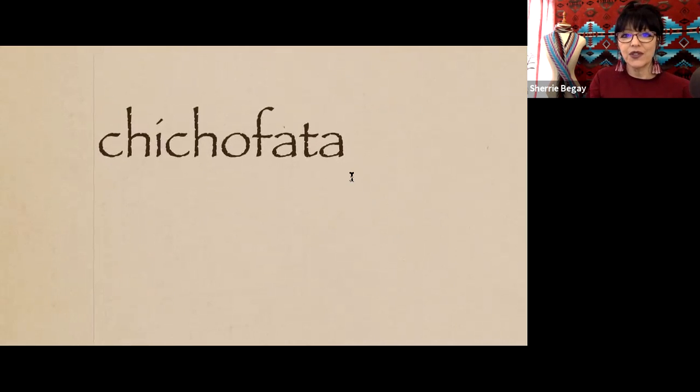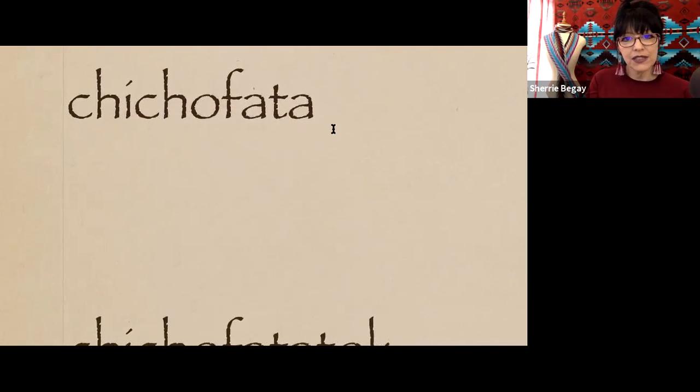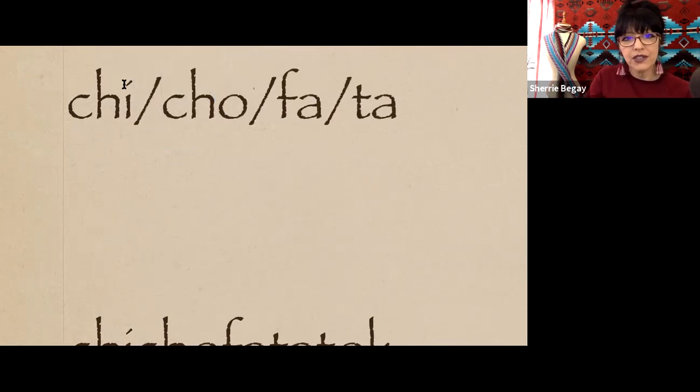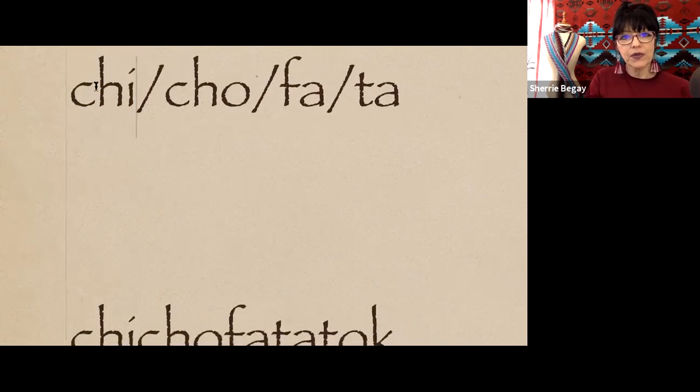Okay, so chi chofata is then going to be you are clean, which I guess means you cleaned yourself up. So we'll divide them up again, vowel consonant slash, vowel consonant slash, vowel consonant slash, and then this is you. That's the state of being. Okay, so these are all light.